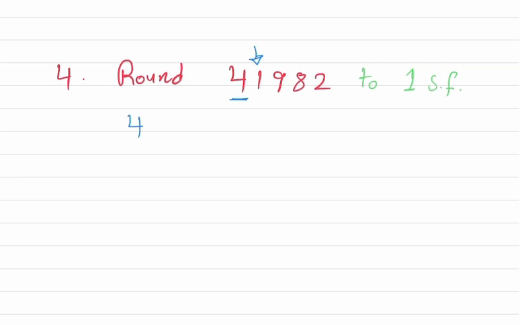But the mistake most of you might do is you neglect the rest of the digits. I'm asking you to round 41,000. So your answer cannot be only 4. You have to maintain the zeros in the case of rounding whole numbers in order to give me a number that is close enough to the number I'm asking you to round.